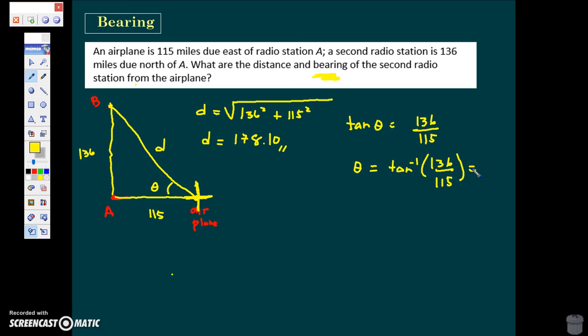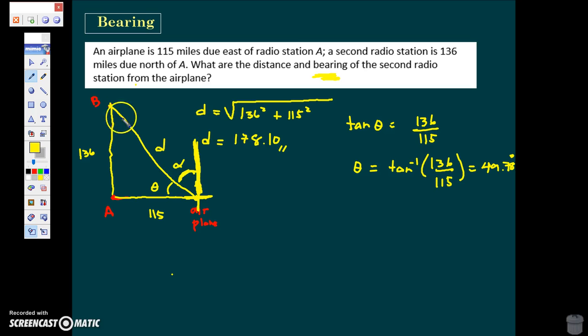We get it up to 2 decimal places. We get the value 49.78 degrees. But this angle is not your bearing, because the bearing should be measured from this line. So this is what we need. This angle is called angle theta.